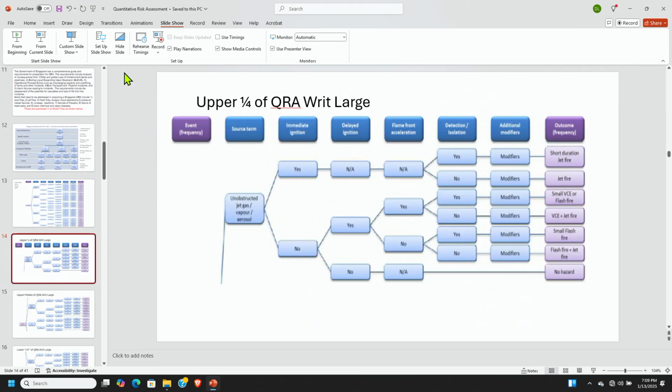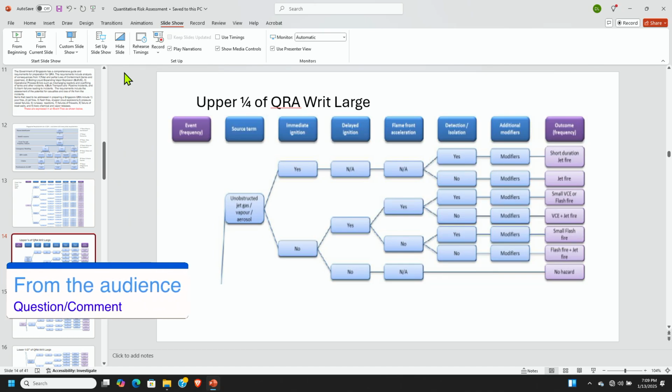Dave's question. How do you develop the scenarios? When you talk about scenarios, there's a lot of different ways things can happen. So do you have a group of people sit around and brainstorm scenarios? That's entirely up to you. That area is not really defined.